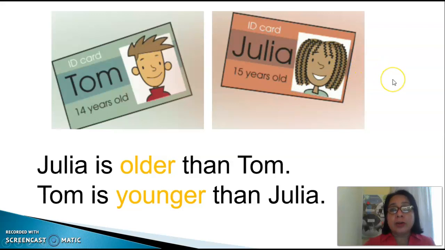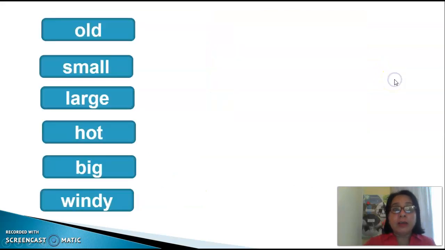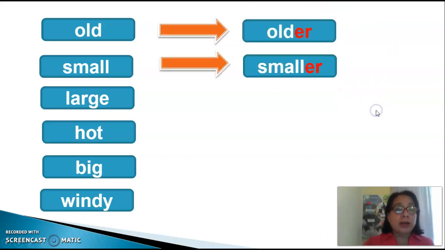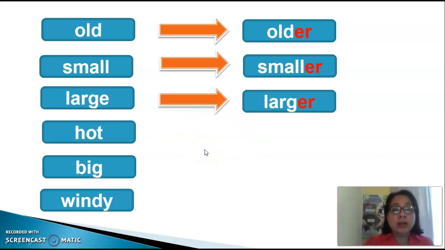So, let's learn more about these adjectives. When we have the adjective old, we only add er to make it comparative. So we say old, older, small, smaller. When the adjective ends in E, we add R only and we say large, larger.